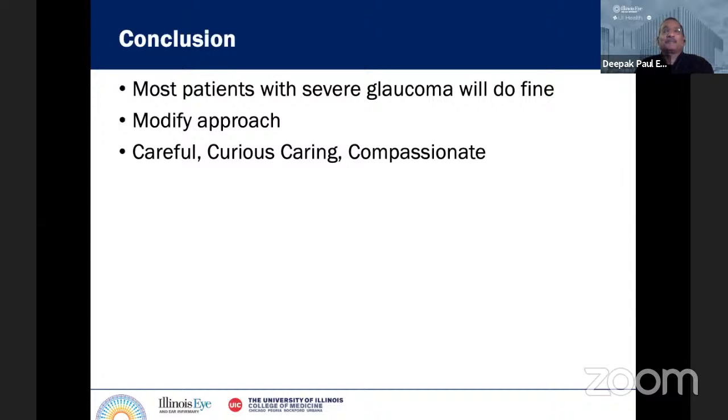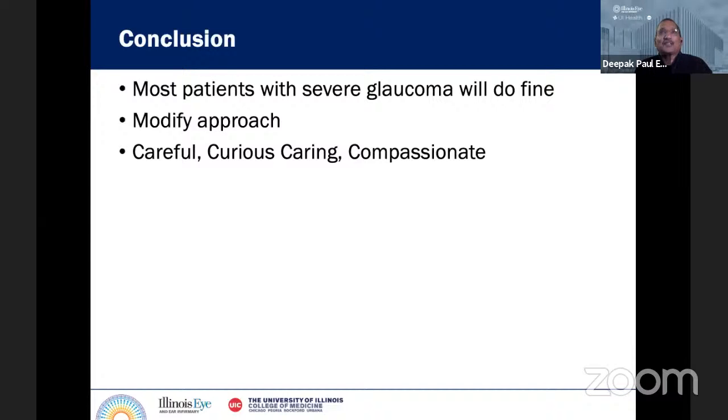So, sir, do you prefer to keep such patients on maximum medical therapy along with the oral Diamox for a long time? It depends. So, for example, if the patient was previously on 2 drops, you've done a trab in the past or a tube. Tube has become a fashion in the United States.